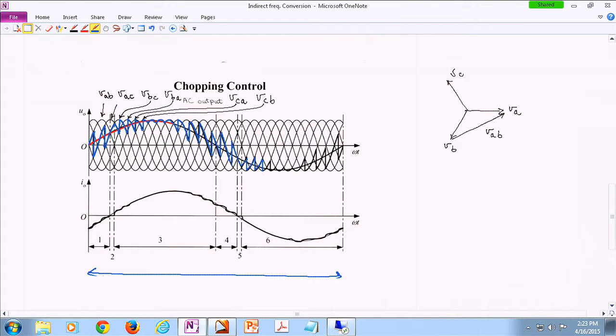The output voltage is not exactly AC, but remember, a lot of times we need this signal to apply it to an electric motor, and that electric motor has an inductor on the input side, so it actually filters it out. So your output current is almost AC. So your output current is going to be something like this. All right, something like that.